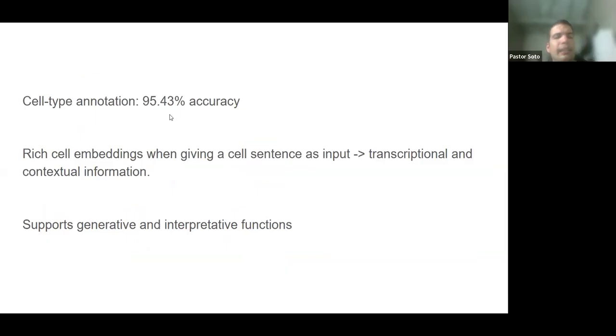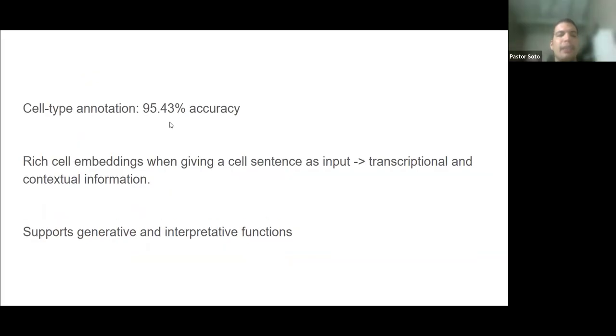Okay, so one thing that they accomplish is cell type annotation, which is essentially passing the gene sentence, or the cell sentence, and evaluating which cell type it belongs to. They claim 95.43% accuracy in that specific task. Also, they have reached cell embeddings when giving a cell sentence as input.